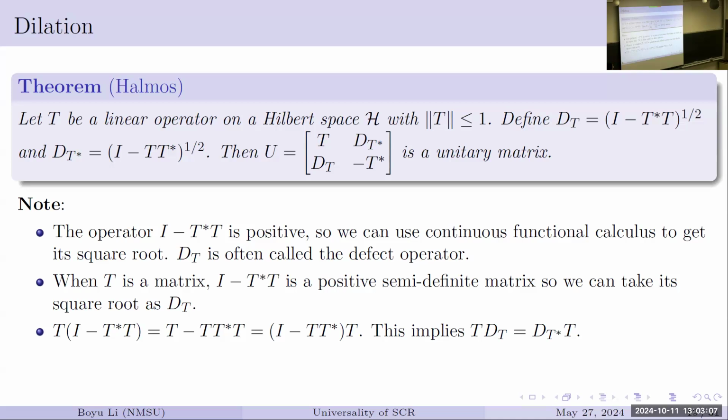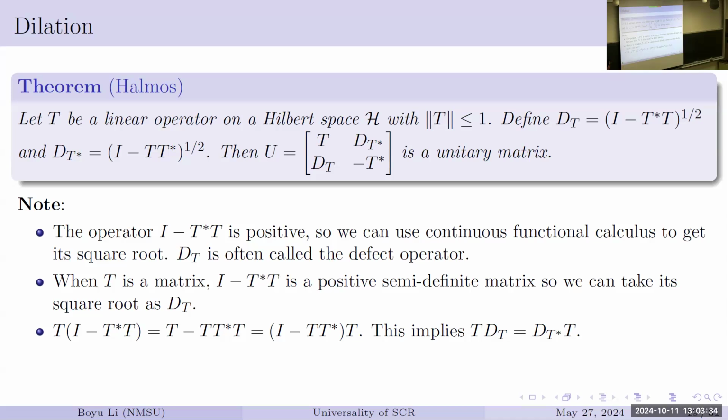Here I have identity minus T T* as a positive operator, because T has operator norm at most 1. Because it's positive, in the case of a matrix, you can imagine its eigenvalues are all nonnegative real numbers, so you can take the square root. That's going to give you the D_T. In general, in a Hilbert space, you need some continuous functional calculus, but it's okay, you can define the square root.